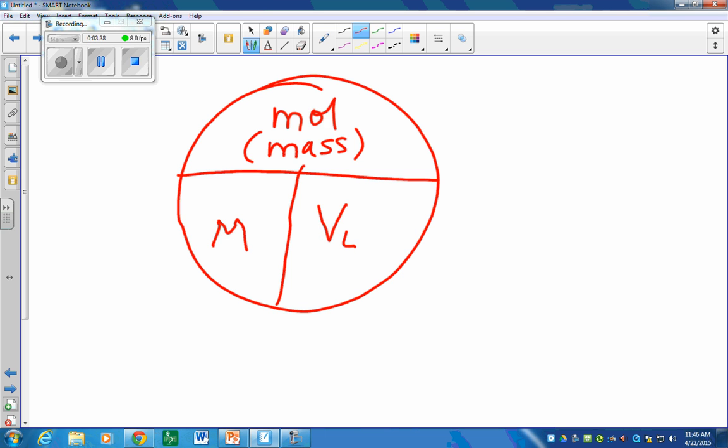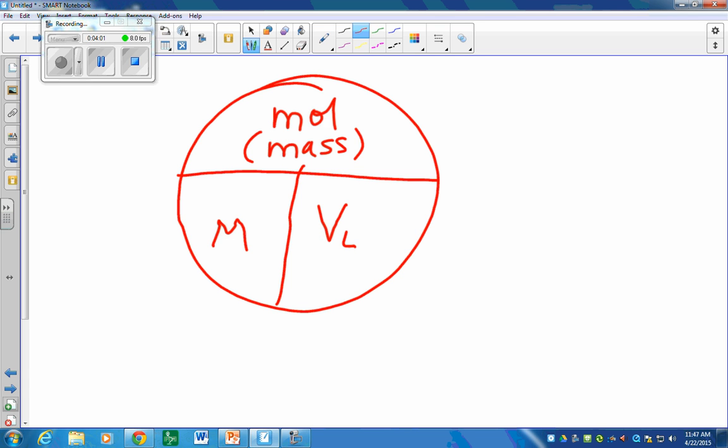And so this is the molarity circle, but I'm also going to do this. This is a blast from your past. Underneath the molarity circle, in that top part, the biggest part, I put mass, because, let's think back to yesterday's lab. You are never going to go over to a balance and measure out moles. You measure out mass, and then you use the periodic table to convert mass to moles.